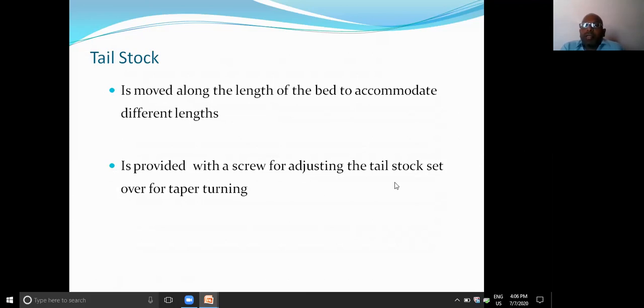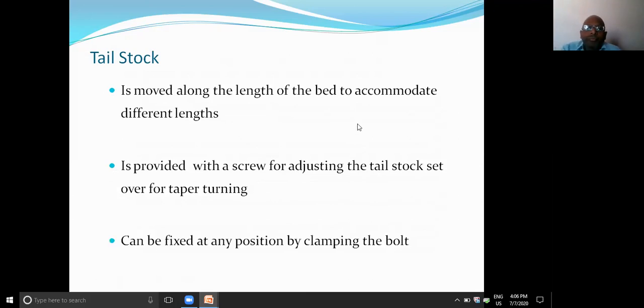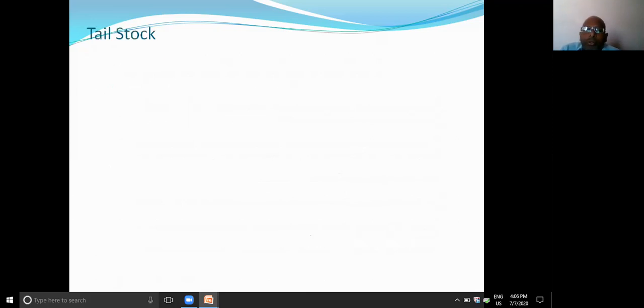This operation is known as the set over method. To process taper turning by the set over method, adjustment of the tailstock is required, and for that purpose the screw is useful. It can be fixed at any position by clamping the bolt.